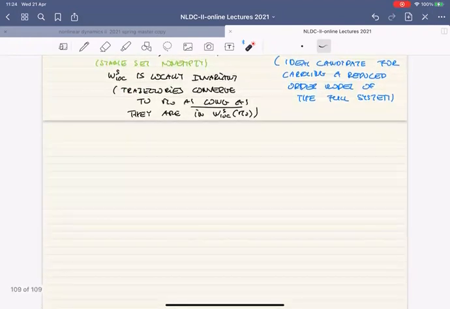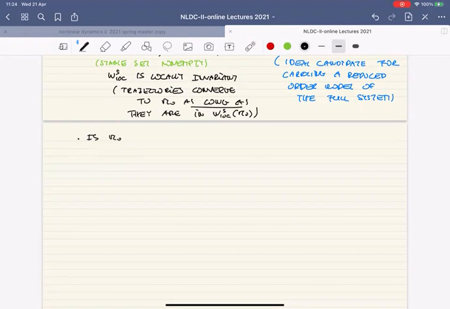So the question would be, is M naught robust to small perturbations? This is the question of persistence.